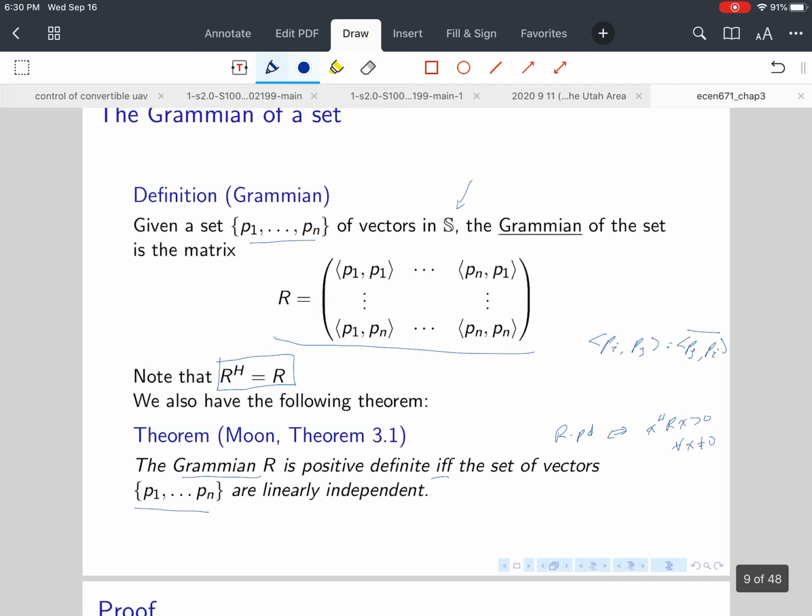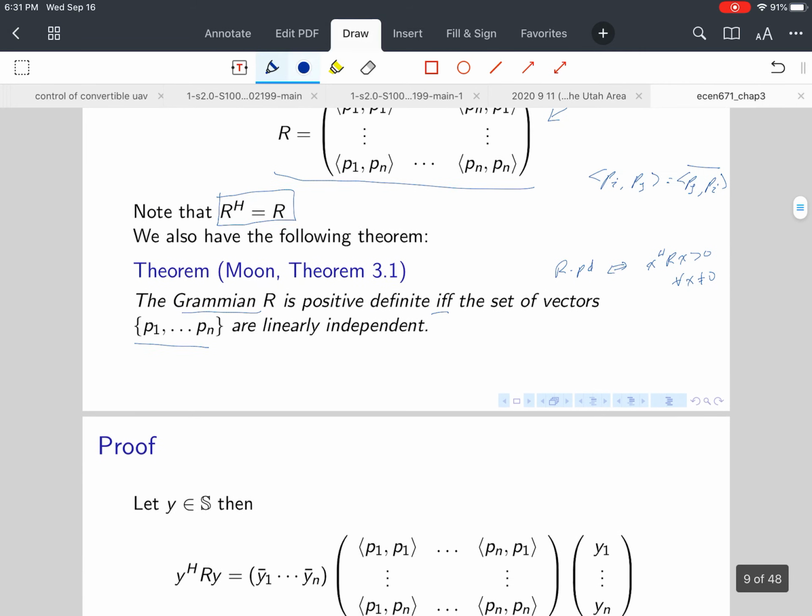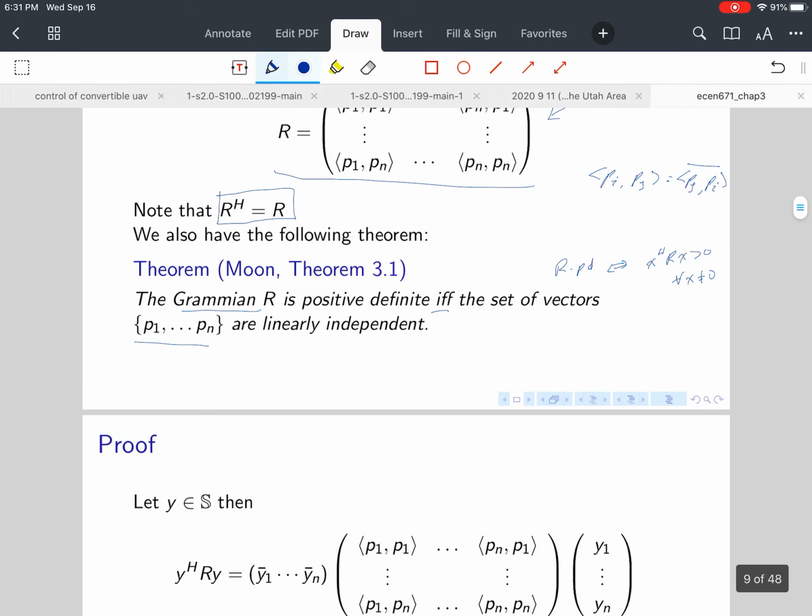So it's positive definite if and only if this set of vectors are linearly independent. So the vectors are linearly independent, R is positive definite. By the way, R positive definite also means that it's full rank, and all the eigenvalues are positive. All of these things are equivalent. We'll show this later on, when we talk about eigenvalues.